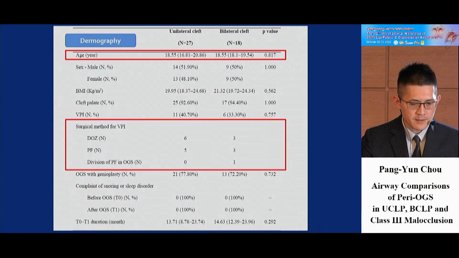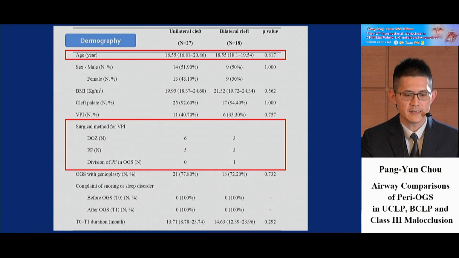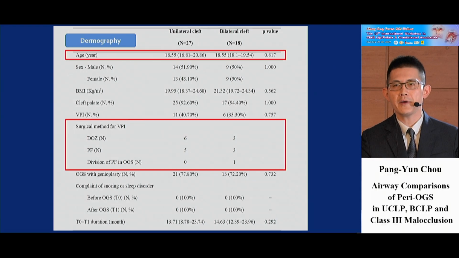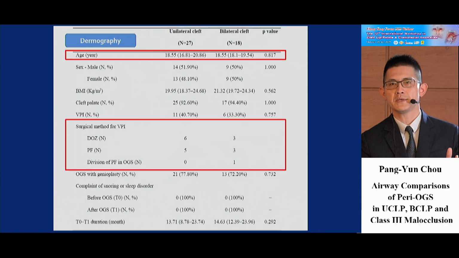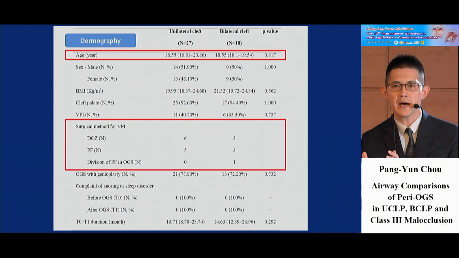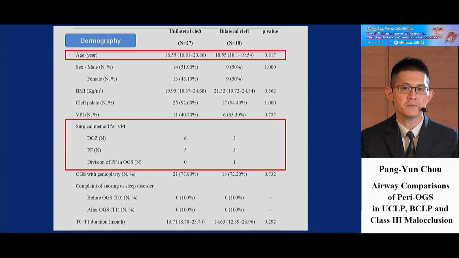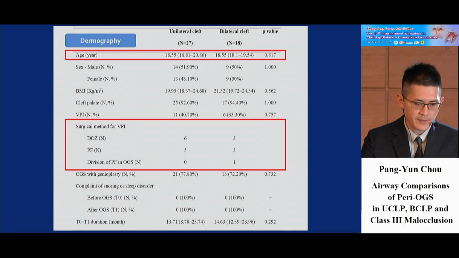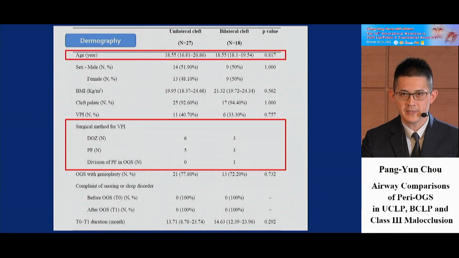Double opposing Z-plasty and pharyngeoplasty in UCLP number 6 and 5 respectively, and in the BCLP 3 and 3. However, the UCLP group receiving a pharyngeal flap did not receive division before orthognathic surgery, and we do not divide the pharyngeal flap intraoperatively either.